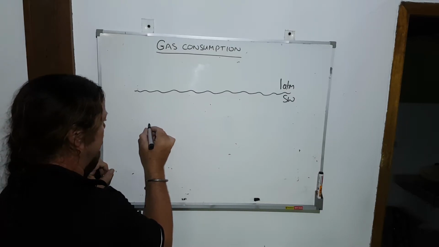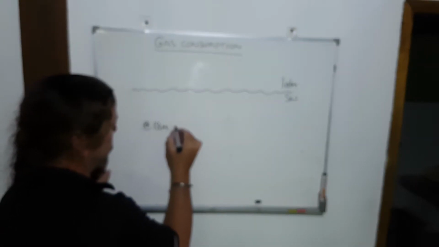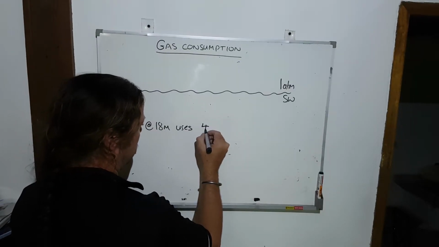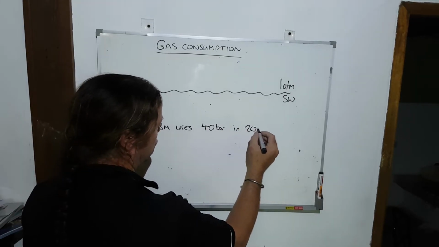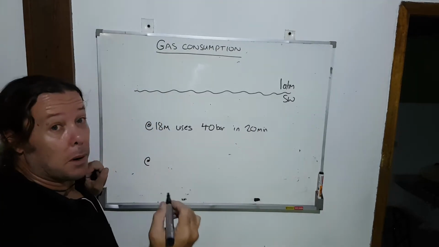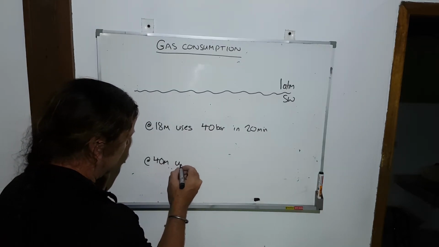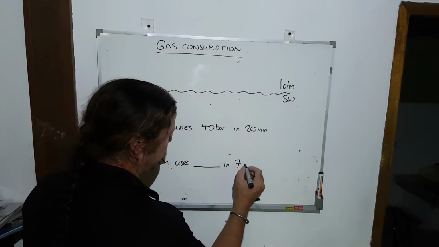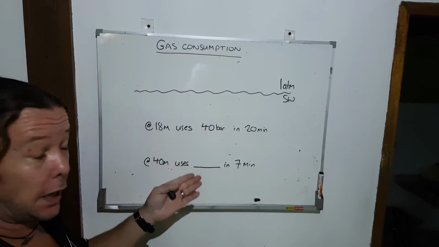So at 18 meters, he uses 40 bar in 20 minutes. I'm about to go on my deep dive, and I want to know how much air I'm going to use at 40 meters in about the 7 minutes I'm going to spend there. Cool, that's a very relevant calculation right there.